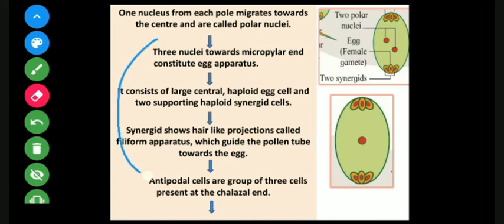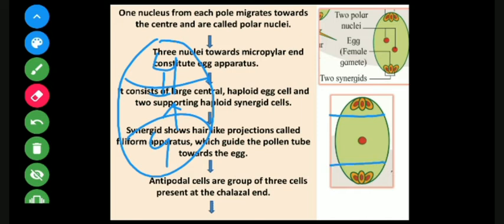But after the free nuclear division, and after the migration of one nucleus from each polar region toward the central place, the individual nuclei will form their own cell walls, and that's why now I am calling them cells. So this is the antipodal cell, this one is the egg apparatus, and this is the secondary nucleus. Remember, here a cell is not formed; actually 2 nuclei are present which fuse to form the secondary nucleus, which is diploid in nature.